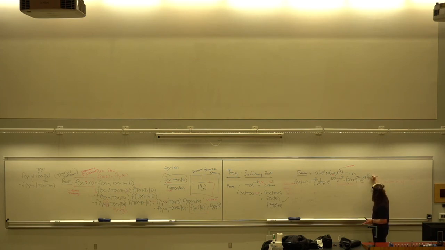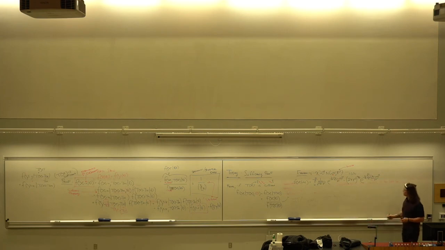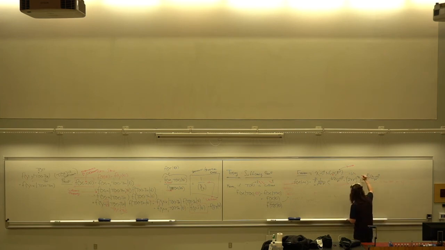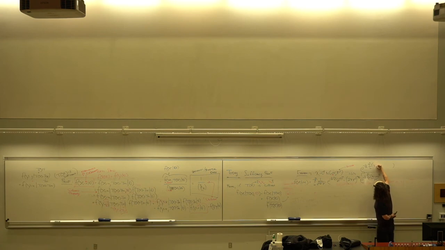Xi minus mu squared over sigma squared. So all the same thing. Let me just rewrite this a little bit differently. So this is going to look like e to the minus 1/2 sum, i goes from 1 to n, of xi minus mu, and I'm going to add a funny form of 0.